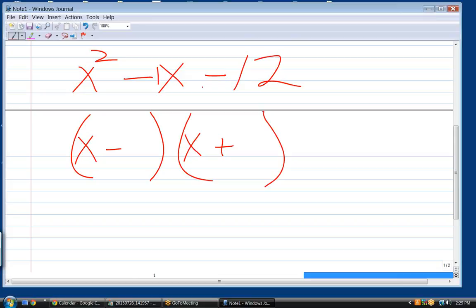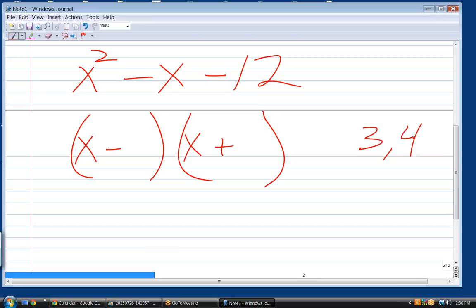So what we need is factors of 12 that subtract to the number 1. What are those? 3 and 4. And finally, step 4. Figuring out which one goes in which. And you said earlier that the larger factor goes with the sign of the middle term. So what goes here?